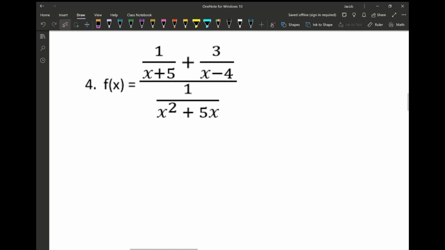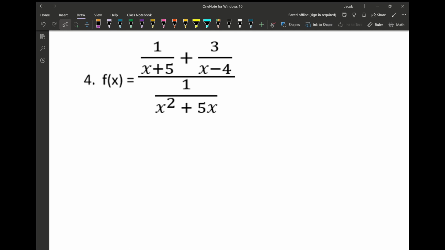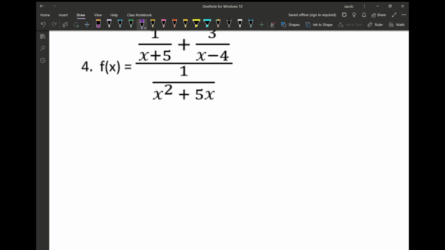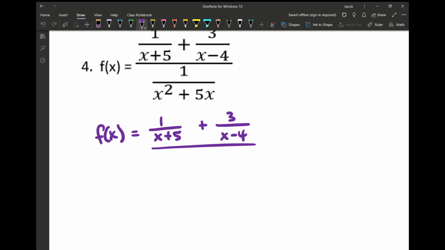And to do that, we are going to have to factor some. So what can be factored? This denominator right here ought to be factored, and then we can start using this idea of a least common denominator. So I'm just going to factor what I can. Factor out an x.